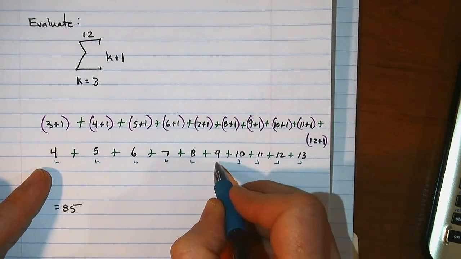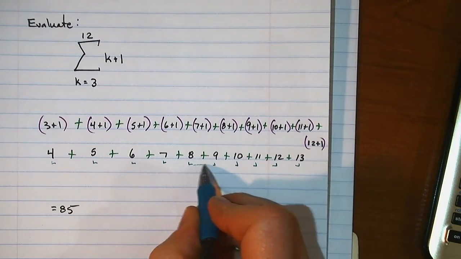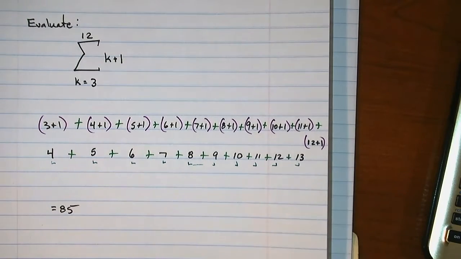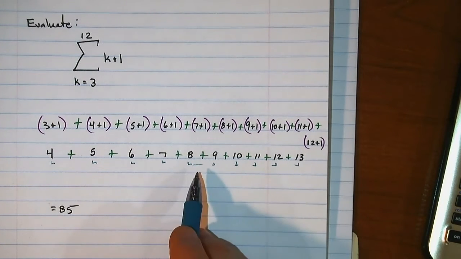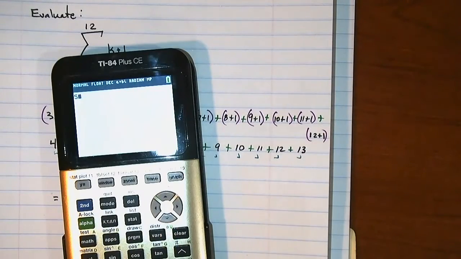And 8 plus 9, that equals 17. And so altogether, I've got 1, 2, 3, 4, 5 17s. And we know from elementary school, if you have 17 and you have 5 of them being added together, that's the same as 5 times 17. And that gives me an answer.